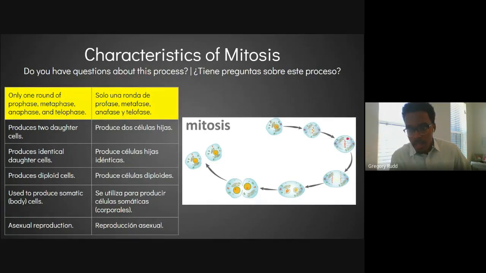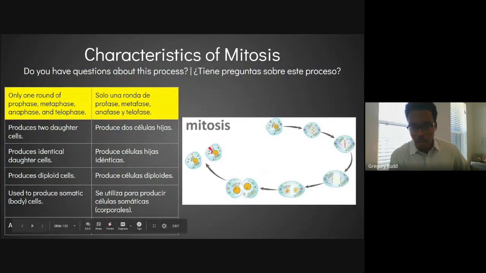Here's metaphase. I can tell because the chromosomes are lined up in the middle. Here's anaphase as they begin to get pulled apart. Let's call this telophase, and this is cytokinesis. So it only goes through each stage, prophase, metaphase, anaphase, telophase, once.